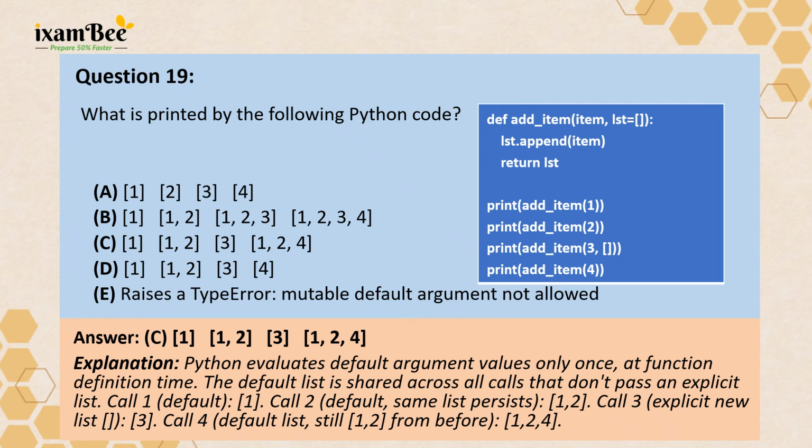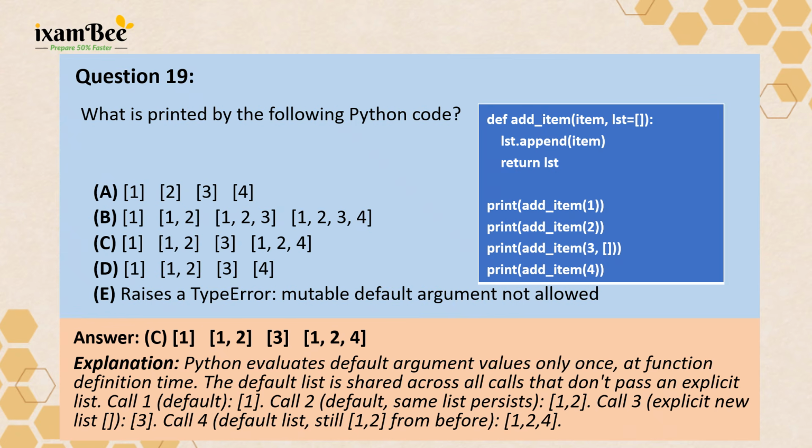Now let us go through the entire code. Python evaluates default argument values only once at function definition time. The default list is shared across all calls that don't pass an explicit list. Call 1 will go ahead and return a list with value 1.